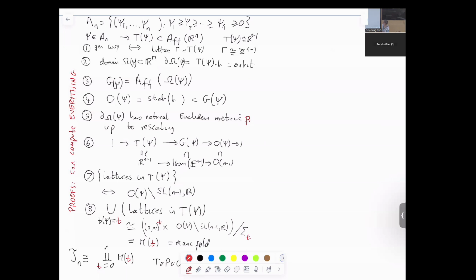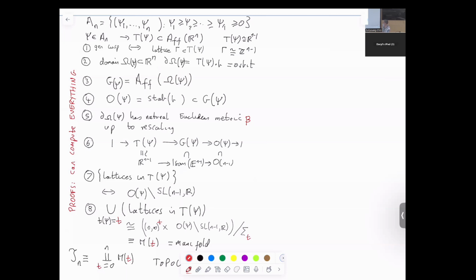And so we see that the group of affine maps that preserve omega psi is a subgroup of the group of isometries of Euclidean n-1 space. It's got the entire translation group, but it's only got a subgroup of the orthogonal group. And in general, I've been talking about torus lattices, but in higher dimensions, there are more complicated cusps, and they're just lattices in here.